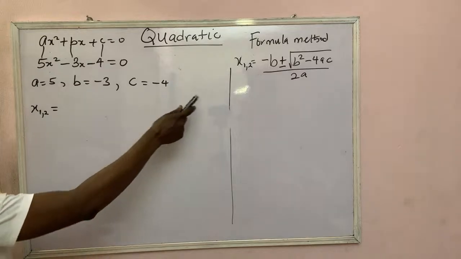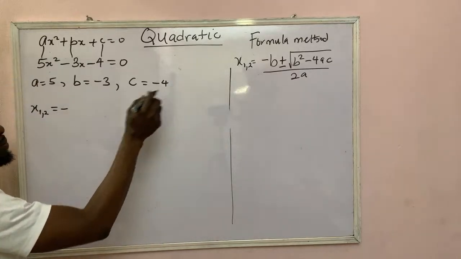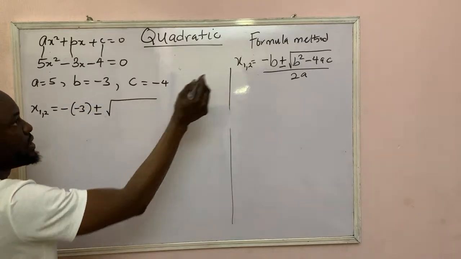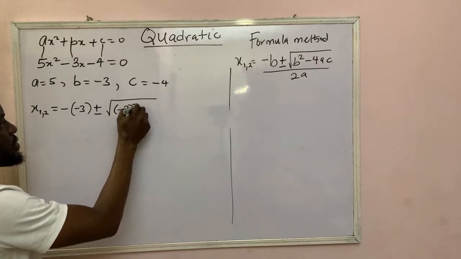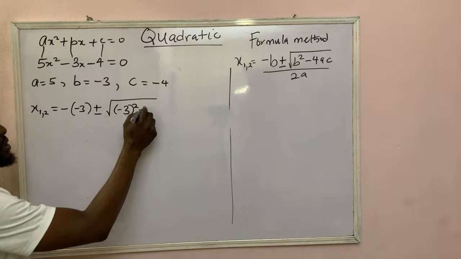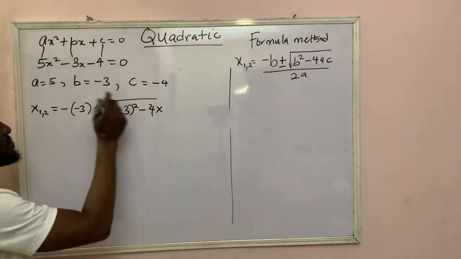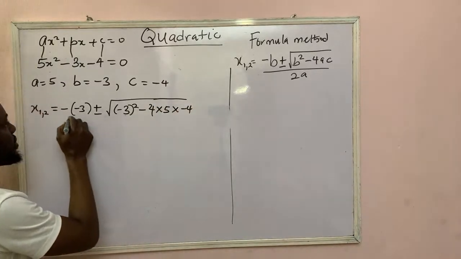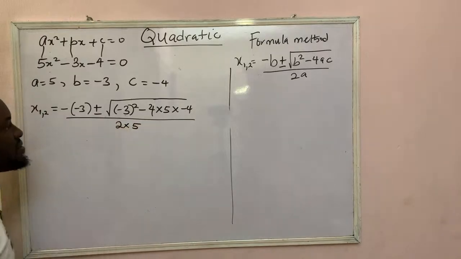So I'm going to plug in. Minus b is -(-3), plus or minus the square root of b, which is -3, all squared, minus 4 times a, which is 5, times c, which is -4, all over 2 times a, which is 5.